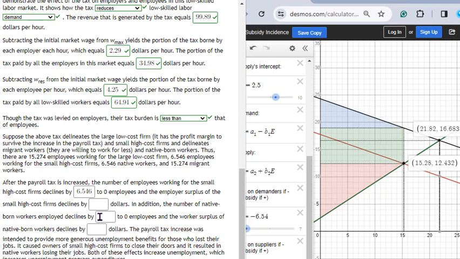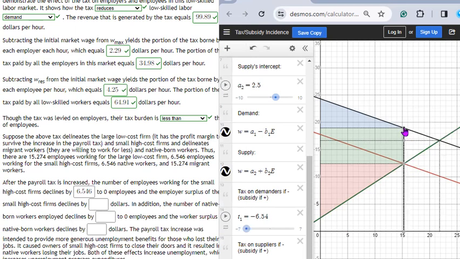Okay, now to calculate, this triangle determined by these points right here, this white triangle, is before the tax. That triangle was the employer surplus of the high-cost small firms.